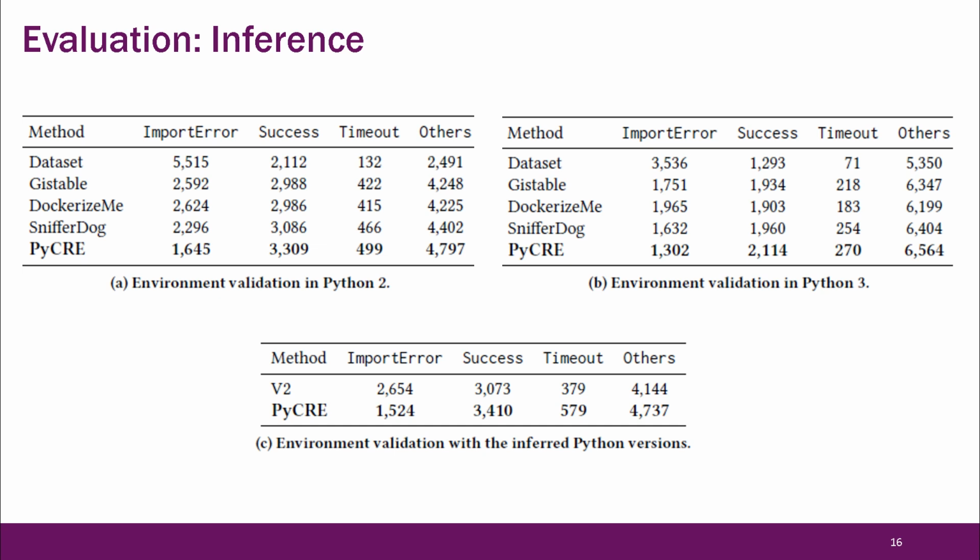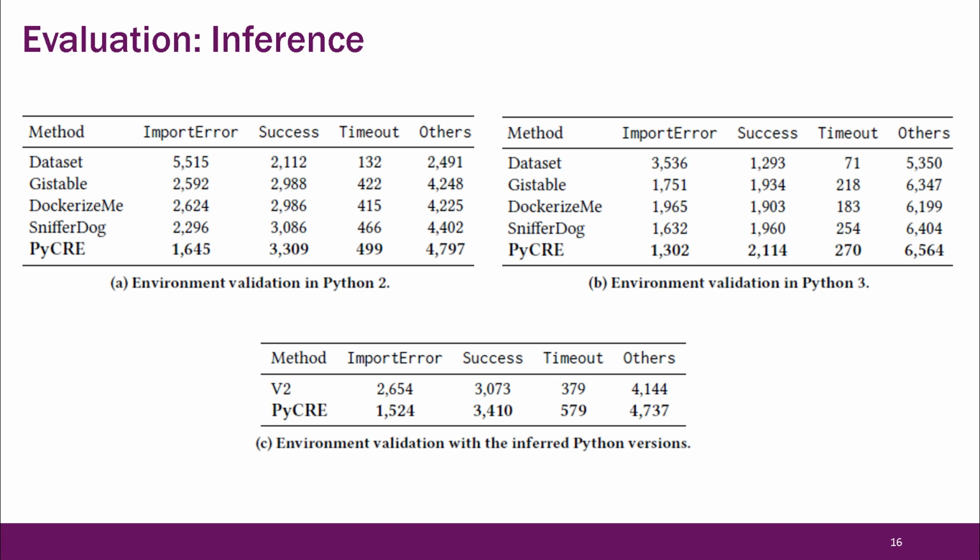The most intuitive assessment is the ability to resolve import errors. As shown in the table, PyCRE resolves the most import errors in all 3 different settings, and is significantly better than the comparative methods.